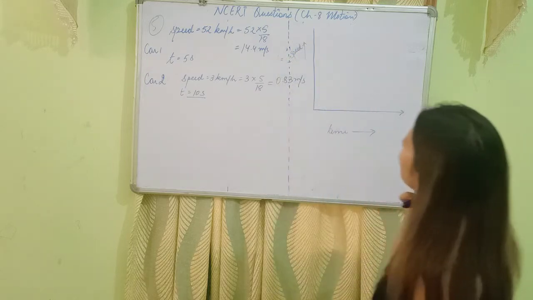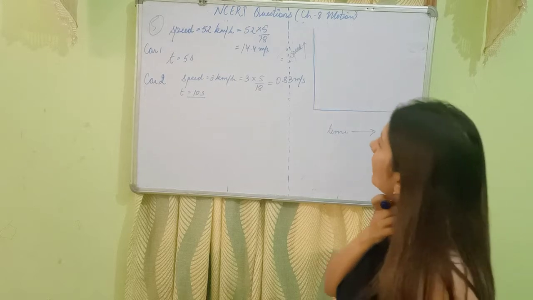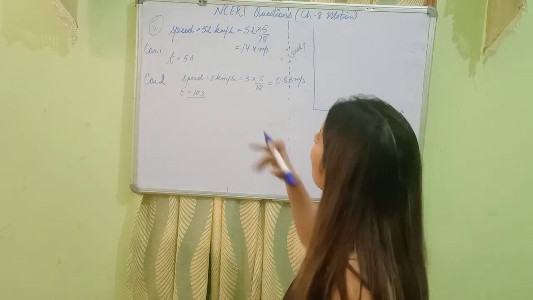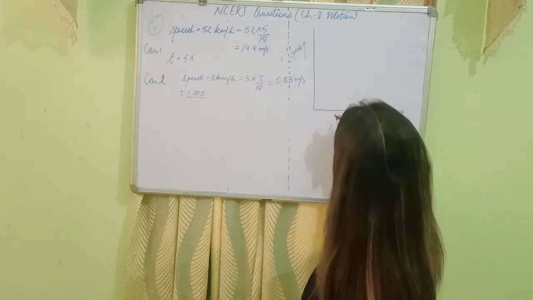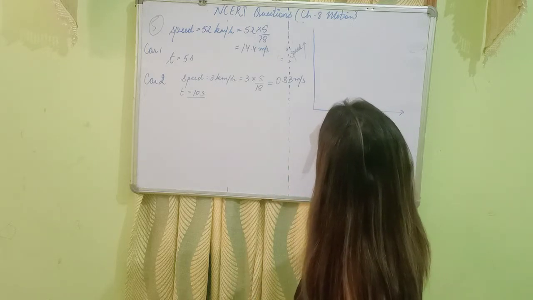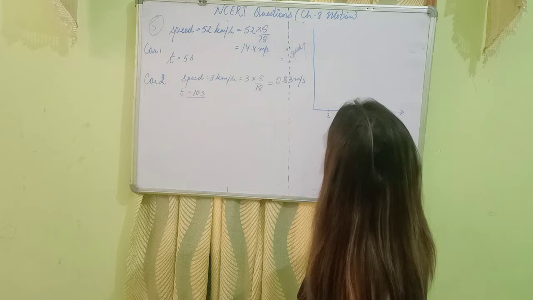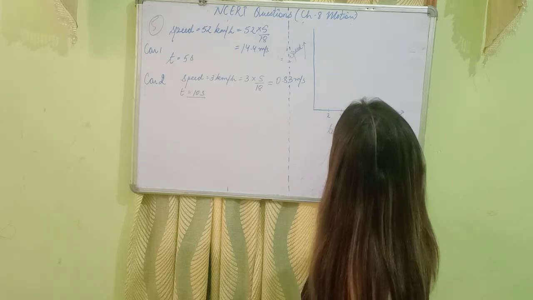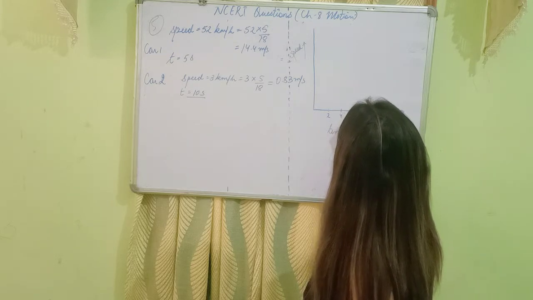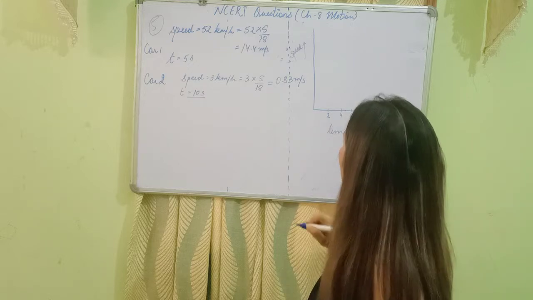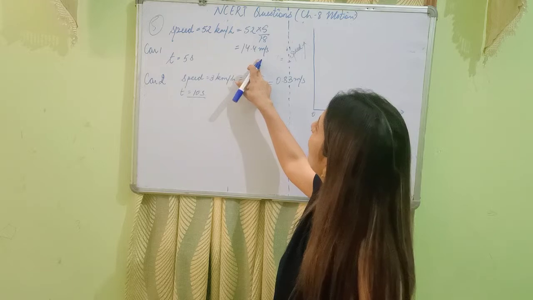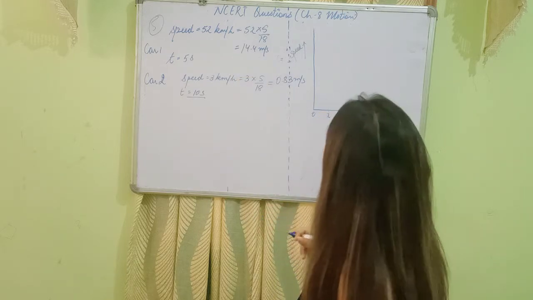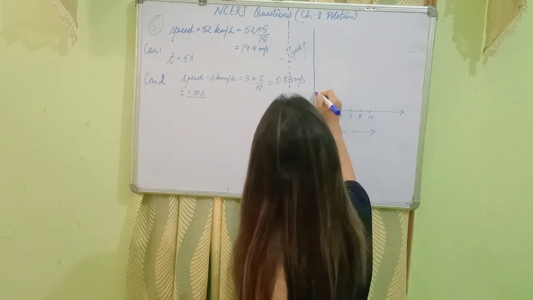Since both the cars decelerate, that means they slow down and ultimately come to rest. For car 1, at time t equal to 5 seconds, let this be 2, 4, 6, 8, 10. For time equal to 5 seconds, the speed is 14.4 meters per second.